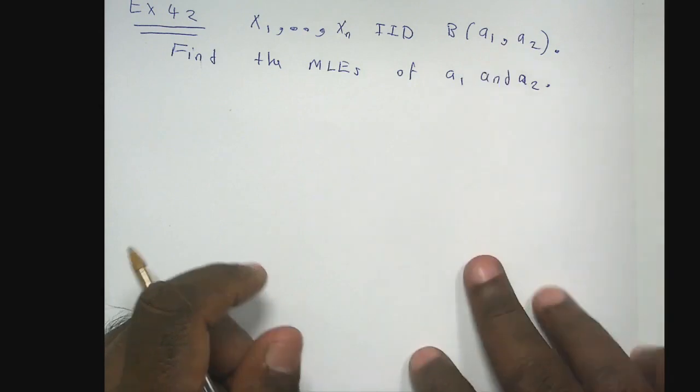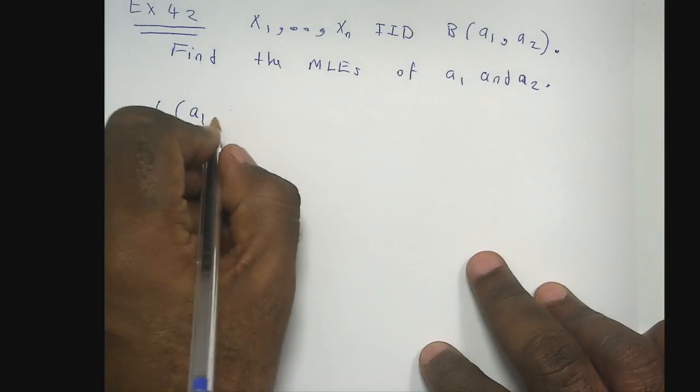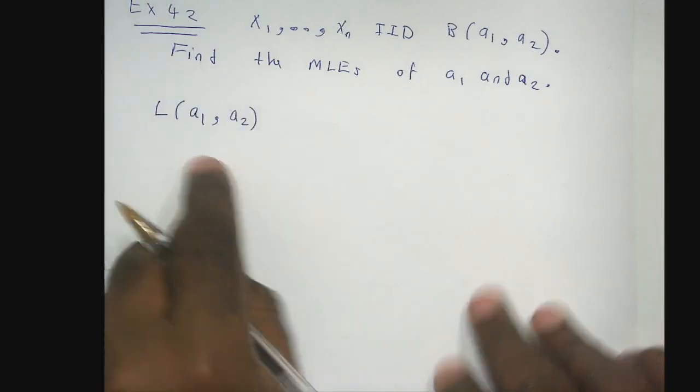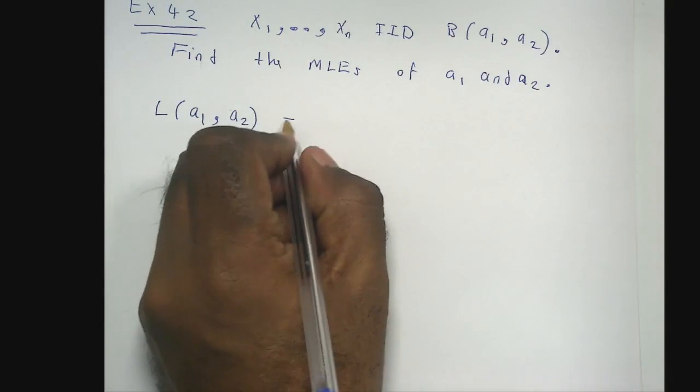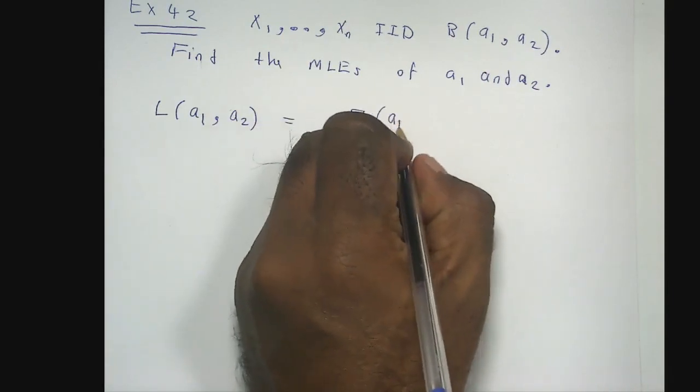The first thing you must do, guys, is write down the likelihood function. Here you have two parameters. If you look at the notes, you will see the density function.